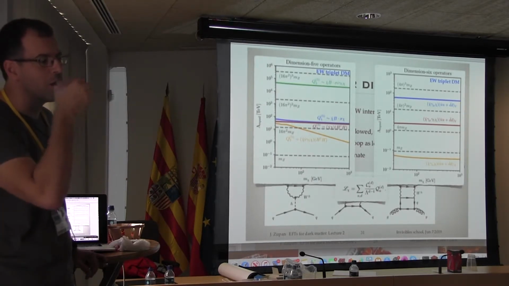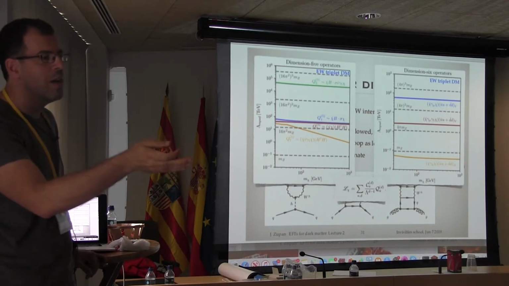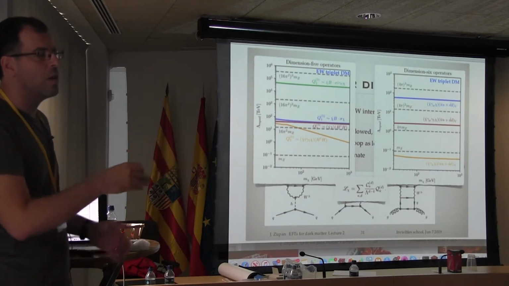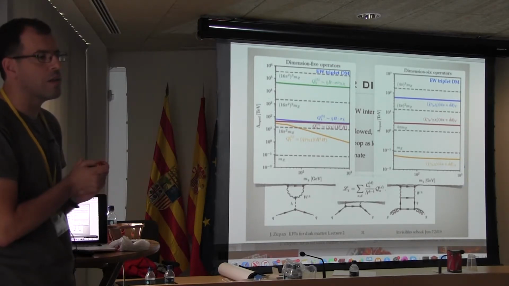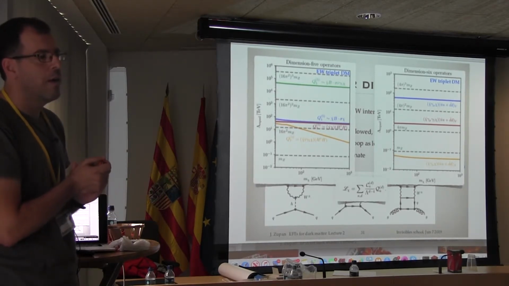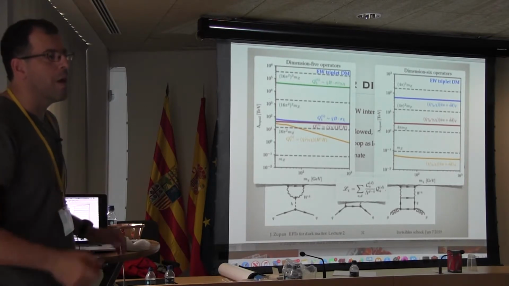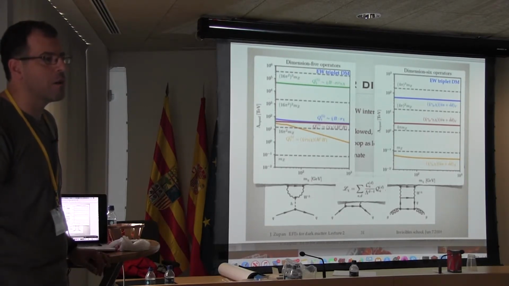Okay, let me be more concrete. For some of the dimension 7 operators, it's easy because I just switched over the Yukawas there, so it should be relatively easy to write down some scalar. But many of the other ones are probably going to be very hard.